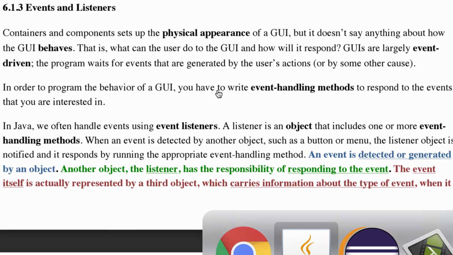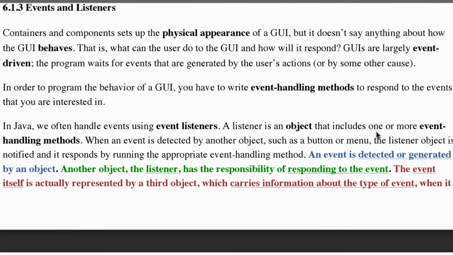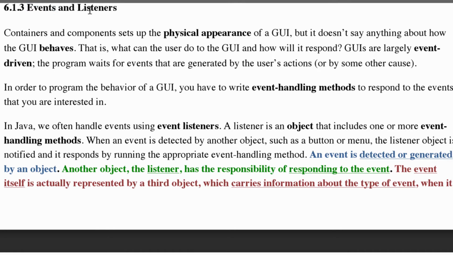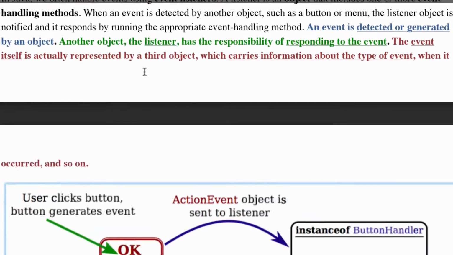And then, like I said, in event-driven programming, you can click, and it's not just going from line 1 to line 2 to line 3. You can click, and you have to program how to respond when I click the play button or the next button or whatever. That is going to generate something called an event, and we're going to program something called a listener, which will listen for that event to happen.